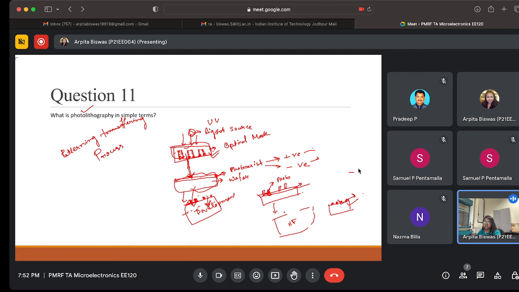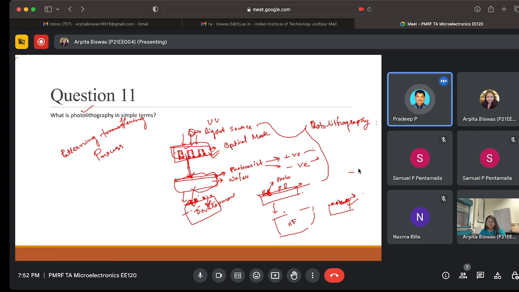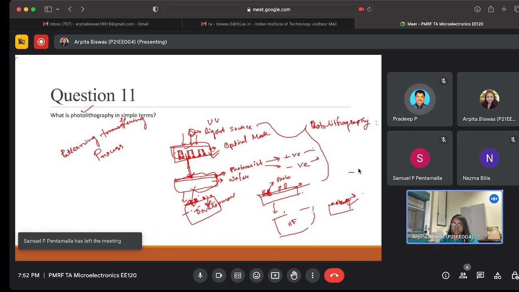This whole process is called photolithography. Does anyone have any doubt? Pradeep, it is clear up to this? Yeah, ma'am. So this is the pattern transferring process. From the mask it is transferred by this process onto this wafer.